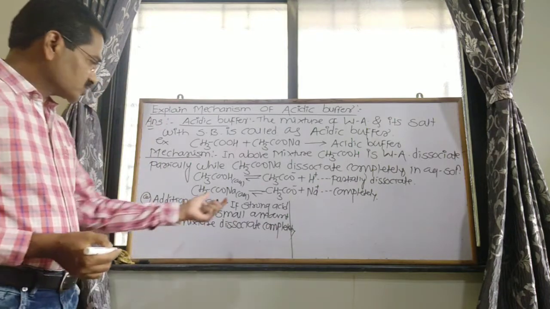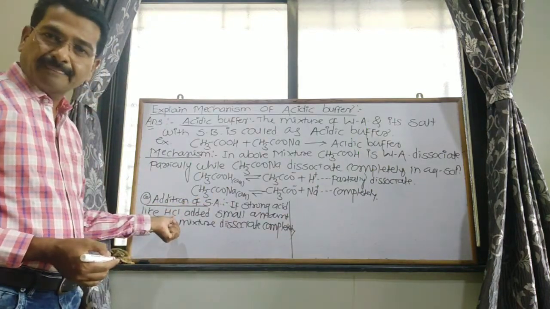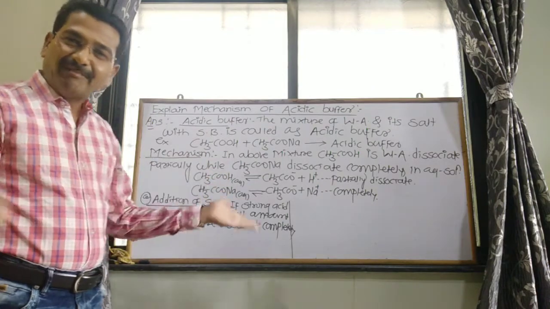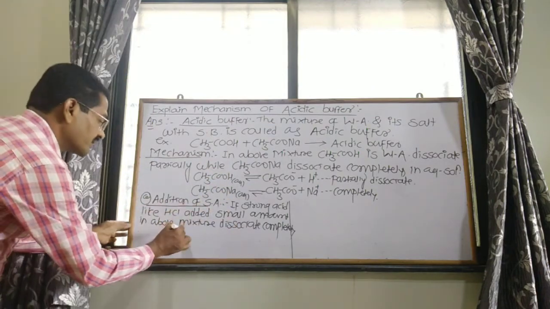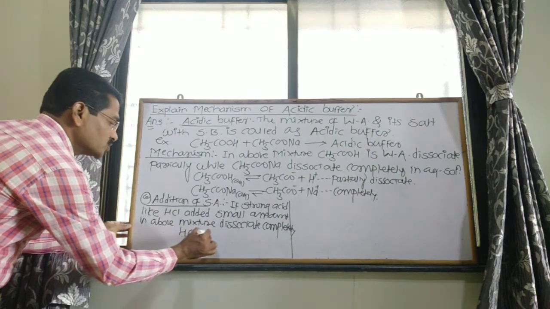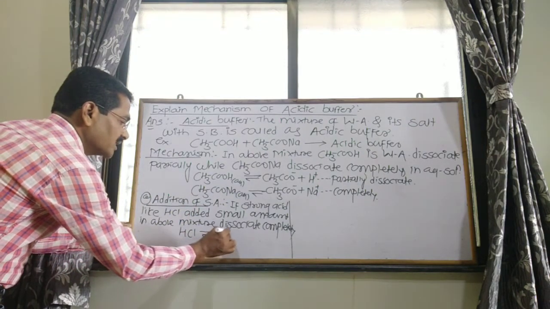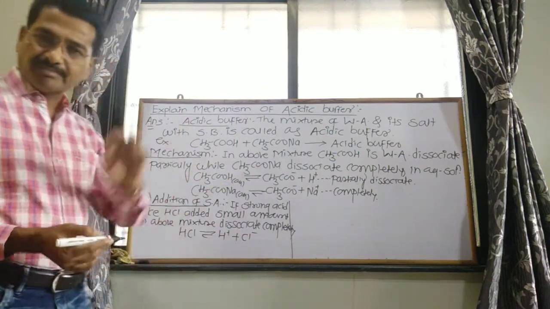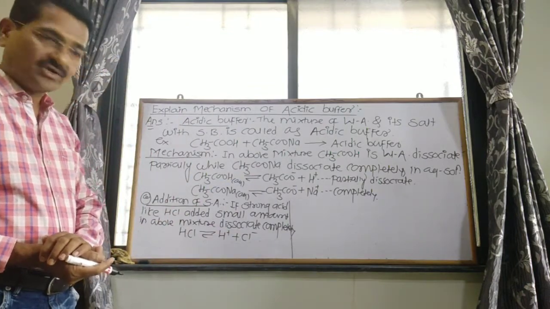Whenever a strong acid like HCl is dissolved in the above mixture, it dissociates completely to give H plus and Cl minus ions.